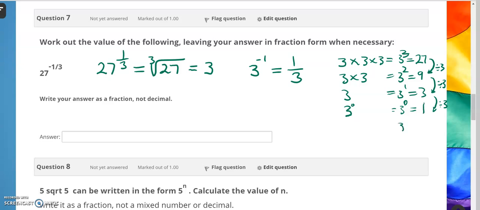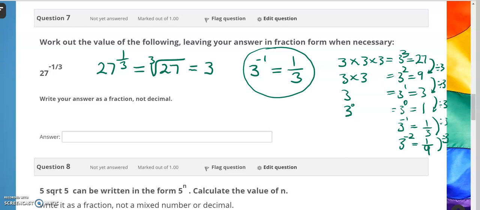So now 3 to the power of -1 will be 1 divided by 3, which is 1/3. So that's what we had here. And just to help you remember for any future questions, if you have 3 to the power of -2, that is going to be 1/3 divided by 3, which is 1/9.